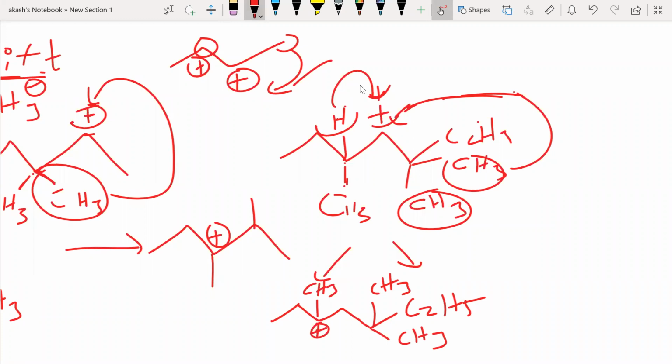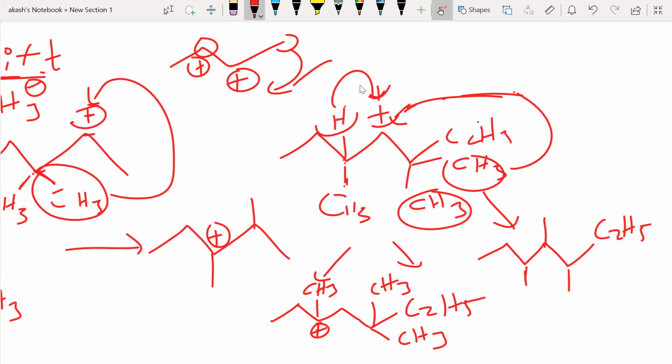So now when I go for methyl shift, we'll see what happens. This is still the C2H5, right? And say one of the methyl groups has gone to this carbon atom, and this carbon atom already has a methyl group, and there is one more methyl group in this, right?